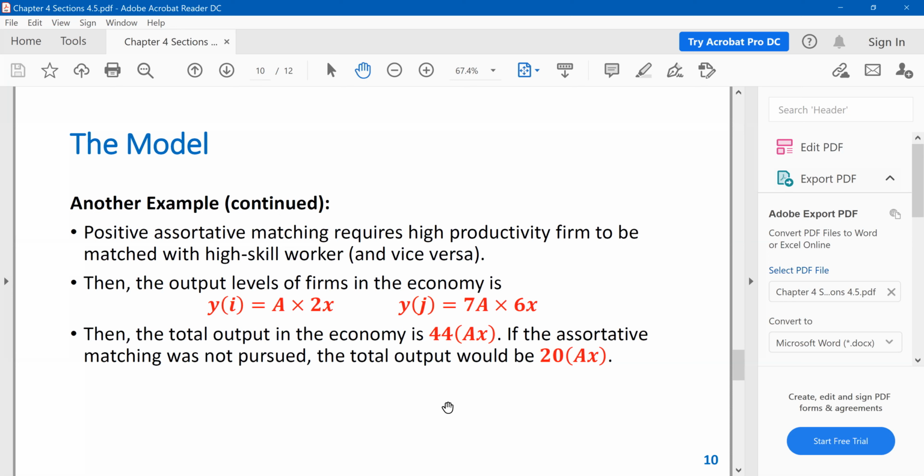Your productivity as a worker, given your education, would have some particular patterns depending on your age. If you look at, for instance, the age-earnings profile, so if you put the age of the worker on the horizontal axis and earnings on the vertical axis, there is usually a U-shaped pattern.